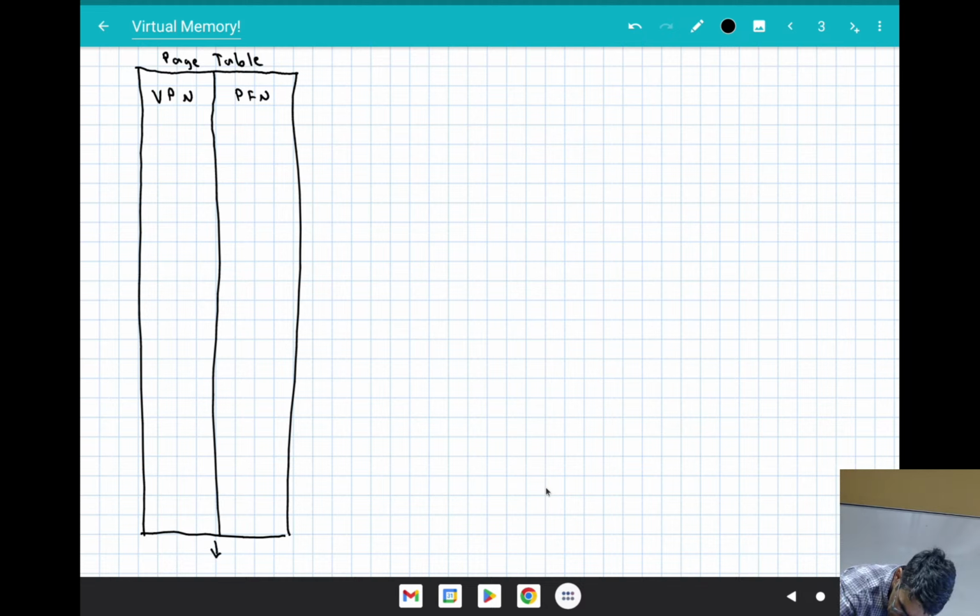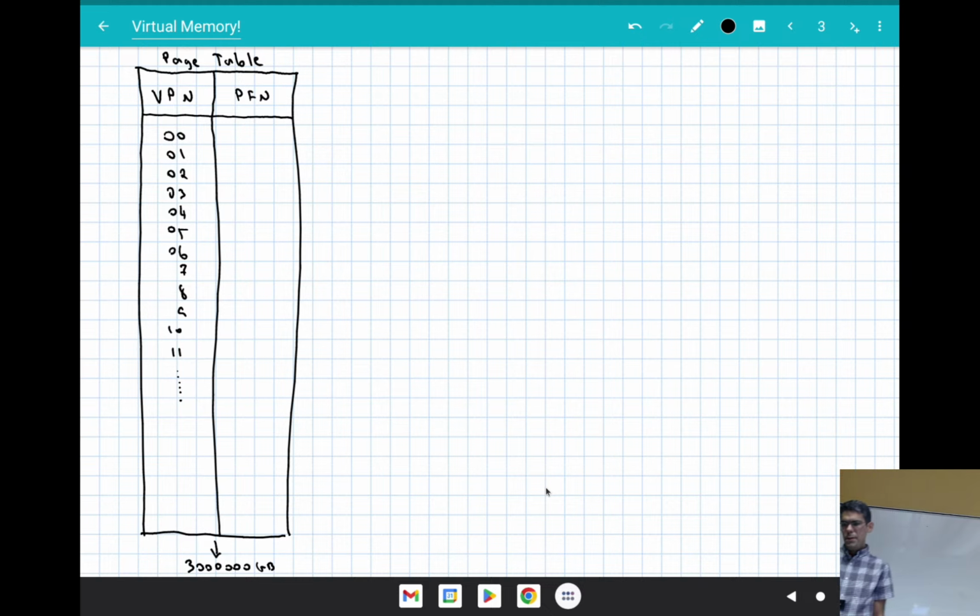This would go off to whatever 3 million gigabytes it was to take up the entire address space for the process that we've got. The structure is going to look like entry 00, 01, 02, 03, 04, 05, 06, 7, 8, 9, 10, 11, and so on. These are my virtual page numbers in my virtual address space.